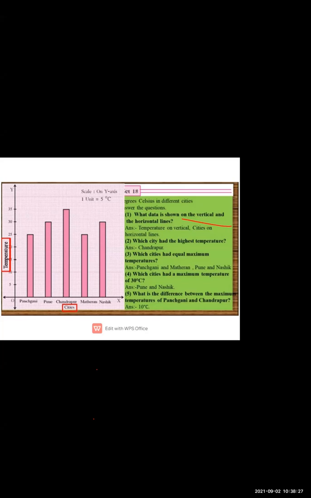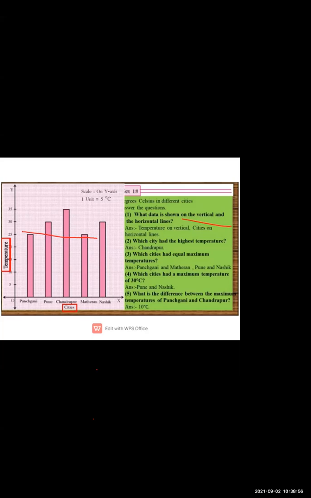If you will see first, it is this temperature, that is Panchgani and Matheran. Okay, Panchgani and Matheran. Not Pune, it is Panchgani and Matheran. Pune is 30 and Panchgani is 25. Okay, 25 temperature of Panchgani and 25 temperature of Matheran.